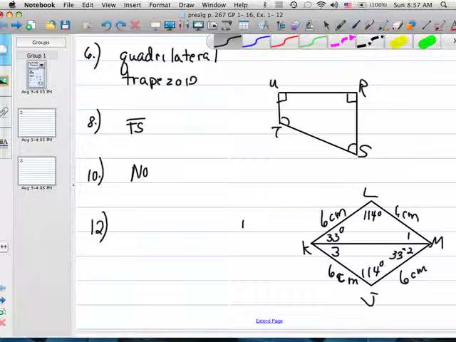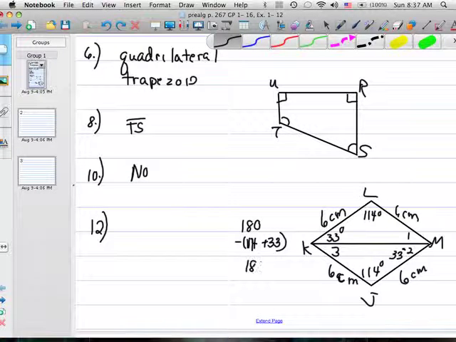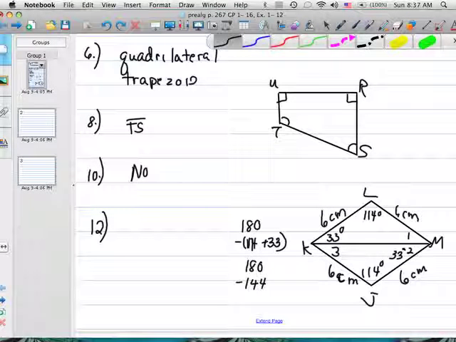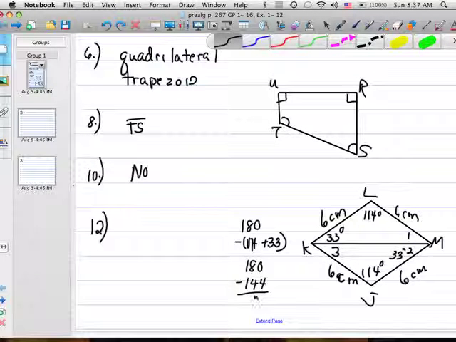So if I take 180 minus 114 plus 33, which is 180 minus 144, I get 36.